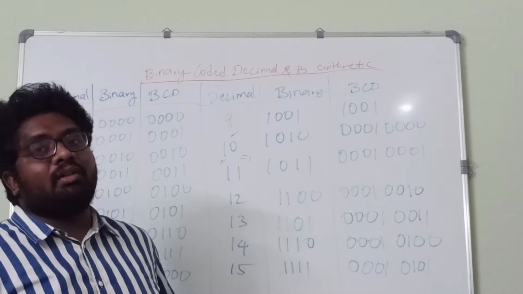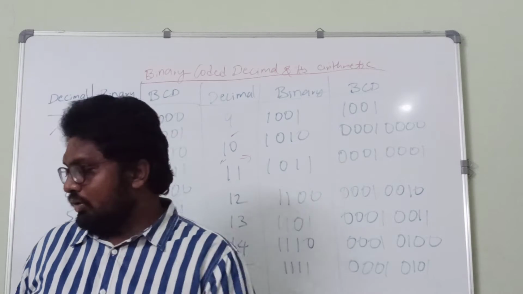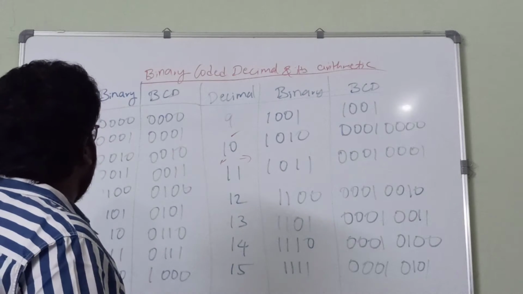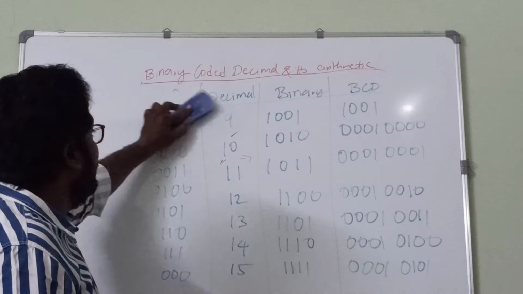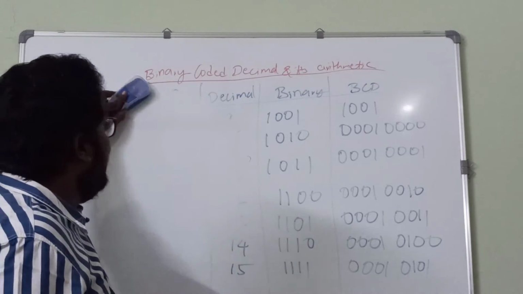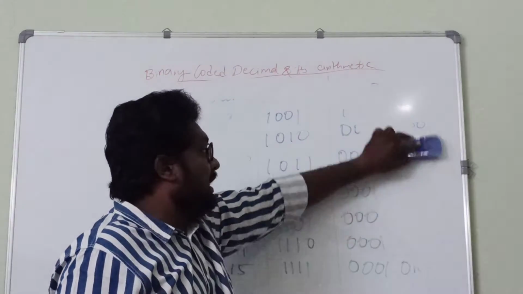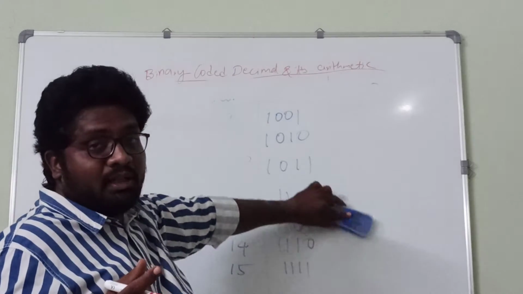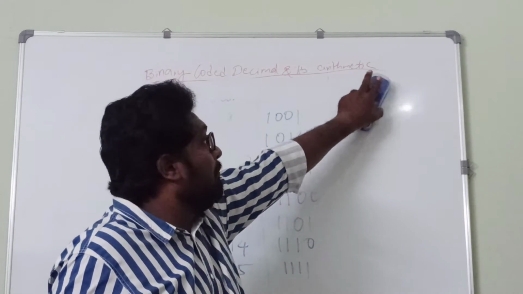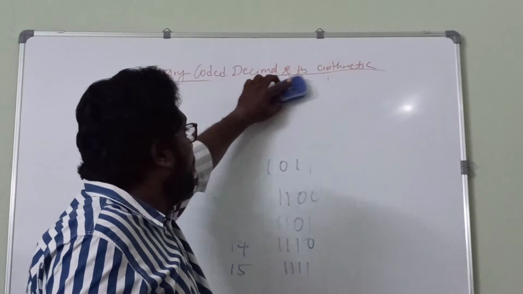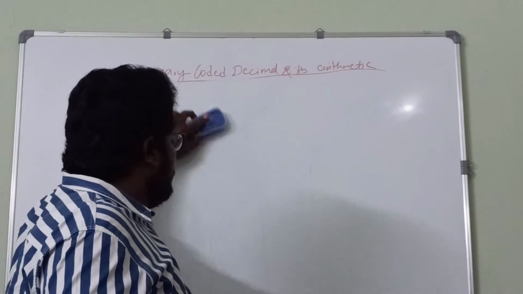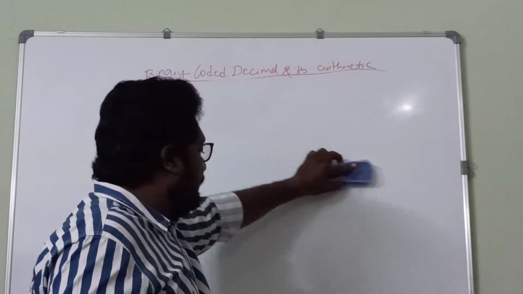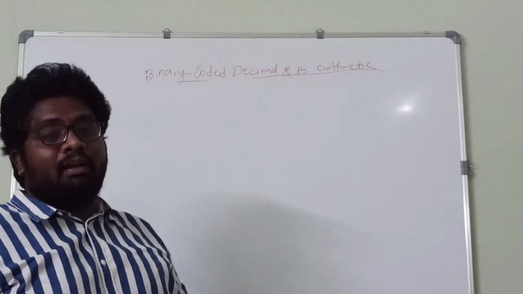Let us have a look at BCD addition. To perform BCD addition, we have some rules. The first one: what is a nibble? We have discussed that a 4-bit binary number which makes a decimal digit is called a nibble.